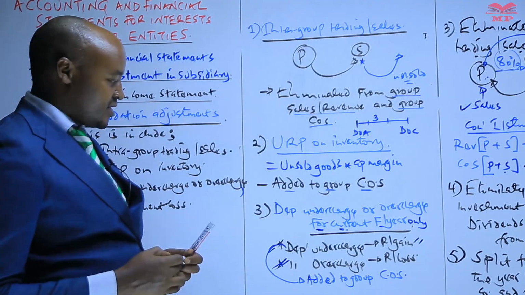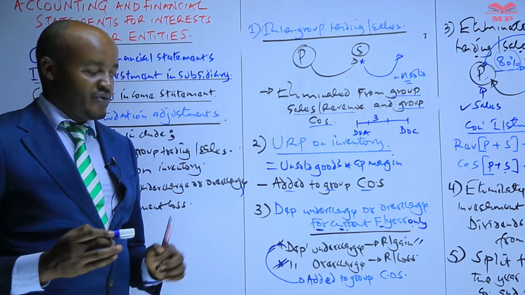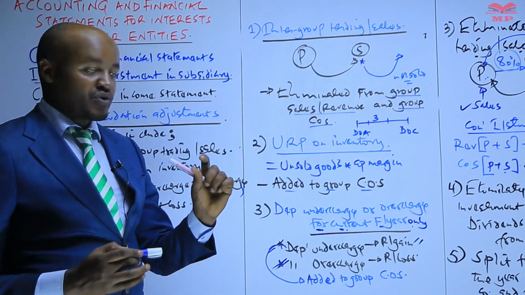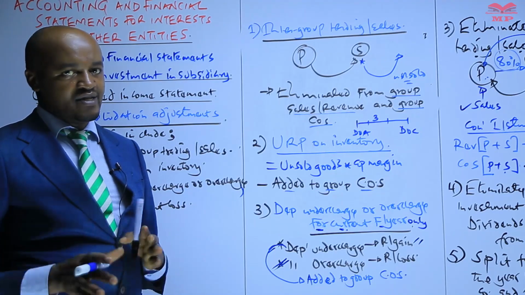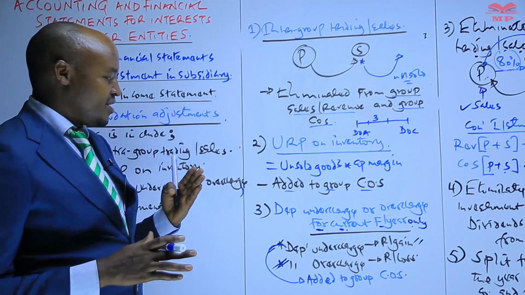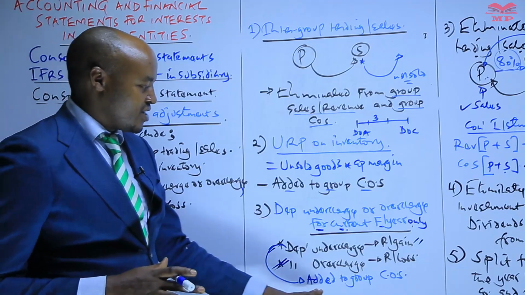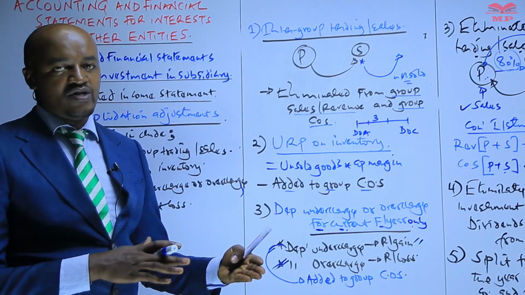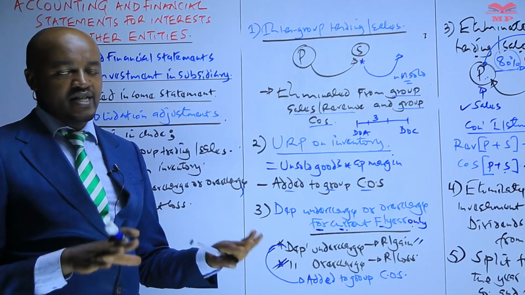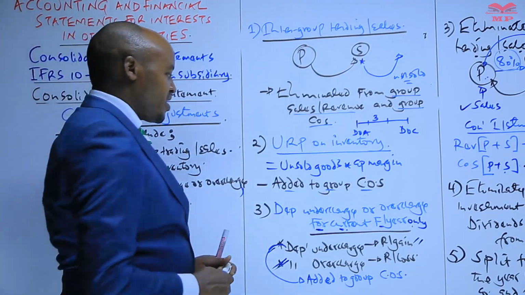But there are some instances whereby the examiner can tell you that the depreciation of the asset is included as part of the administrative expenses. If you are given that information, then that depreciation other charge, you will not add it to the group cost of sales, but rather you add it to the administrative expenses. But if the question is silent, add it to the group cost of sales.